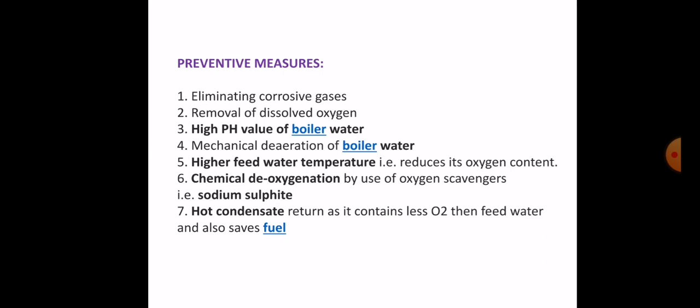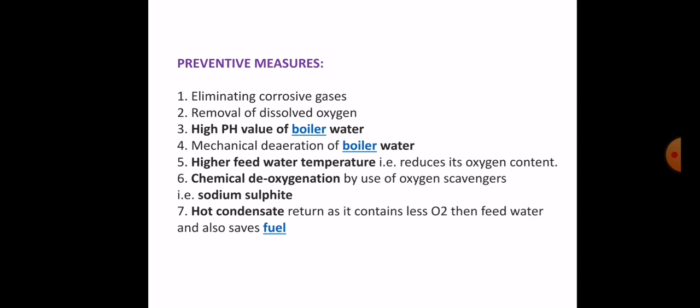Third one, high pH value of boiler water. Whatever water we use in the boiler should have a high pH value. Then mechanical deaeration of the boiler water. Higher feed water temperature: the water we use in the boiler is at a higher temperature, due to which we can easily reduce its oxygen content.